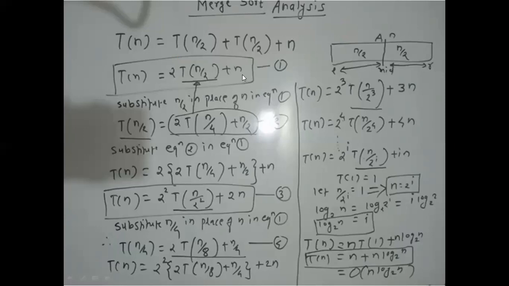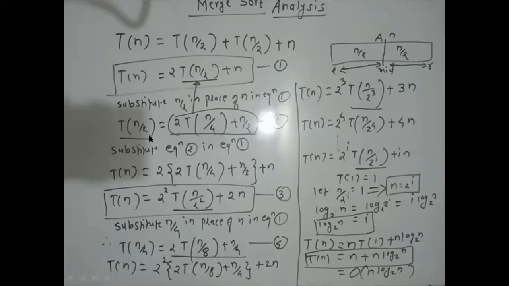plus n. We have to move on using the recursive technique. We substitute recursively the next value of n. Now T of n equals 2T of n by 2 plus n is equation 1.